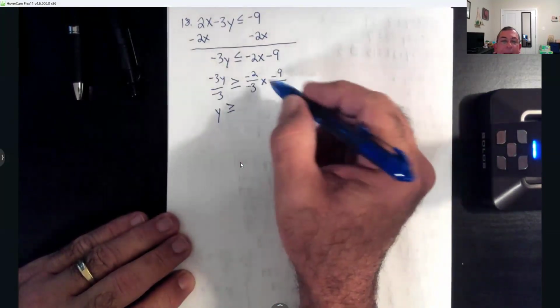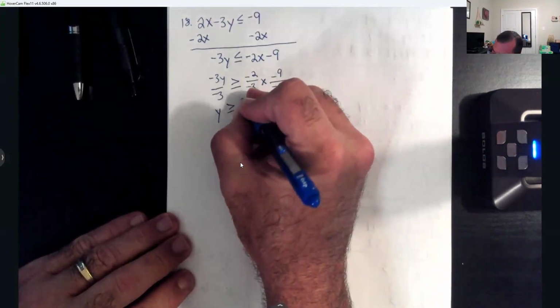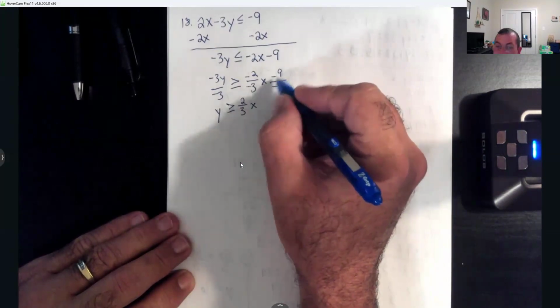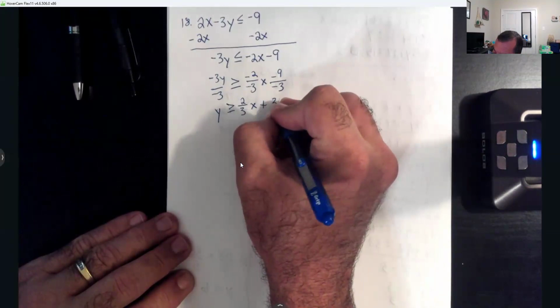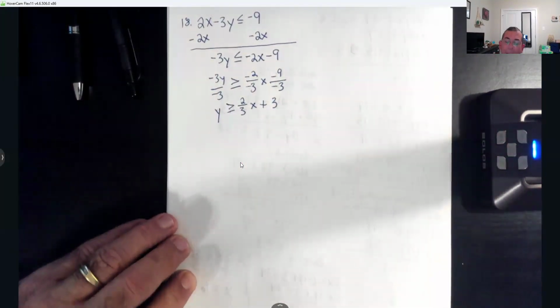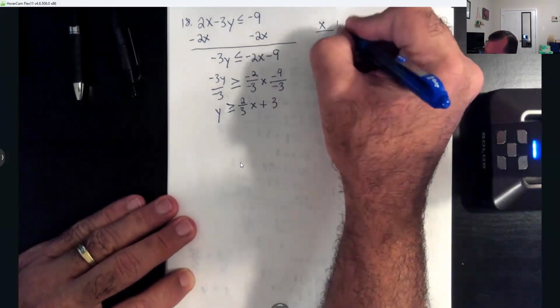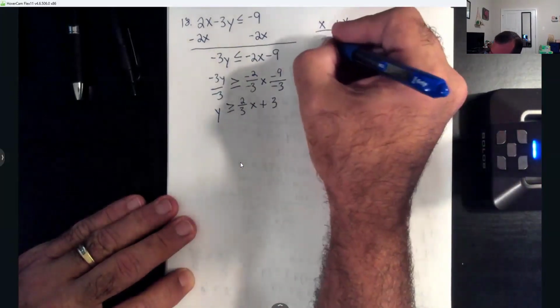All right, also that cancels, giving me my y greater than or equal. All these negatives are making everything positive. So I'm going to get a 2/3 x. And then minus that 9 divided by -3 makes that a +3, okay? So at this point, I would find my 2 points. So I'm going to use 0 again.